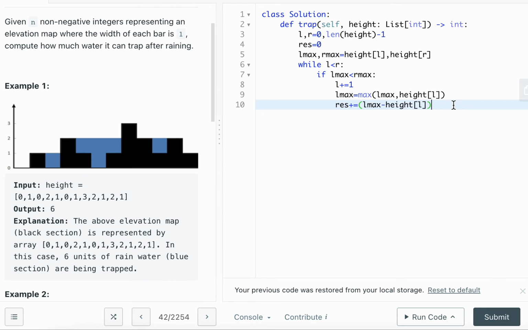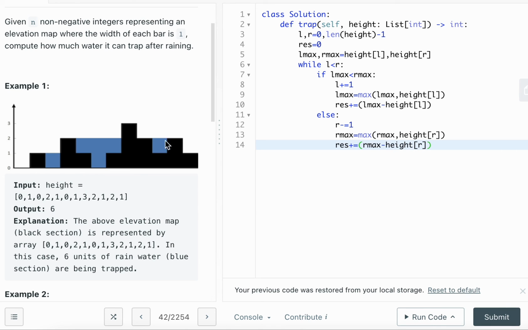And I want to calculate the difference. Then the else condition is the opposite. If the right max is smaller than or equal to the left max, I move the right pointer one step to the left side. Also, I update right max to the max of right max and height[right]. And the result is also updated: right max minus the height of the right side.